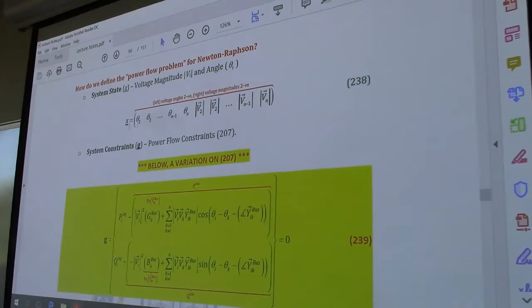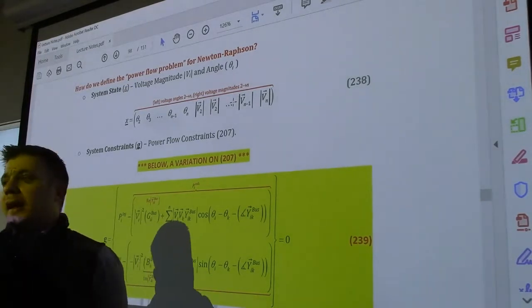So what is our system state? All the voltage angles and all the voltage magnitudes. It's a little bit different from the way Gauss-Seidel works, because in Gauss-Seidel, even though we said the system state was the voltage angles and magnitudes, it was really the complex values together, because we were considering them as one unit, updating both the magnitude and the angle at the same time.